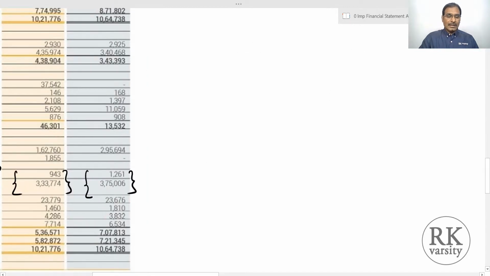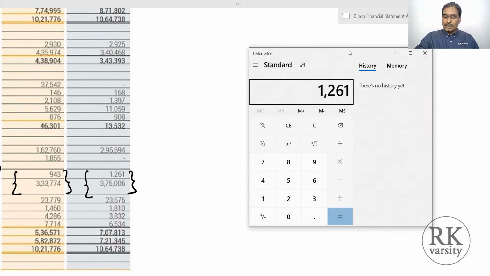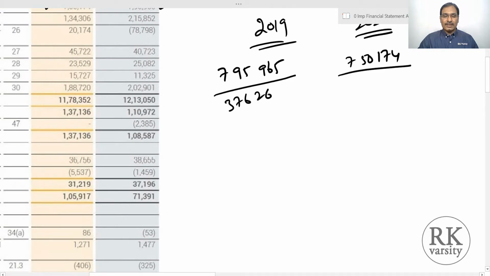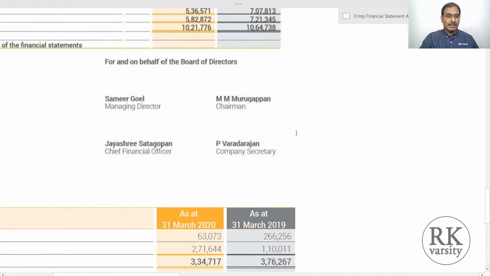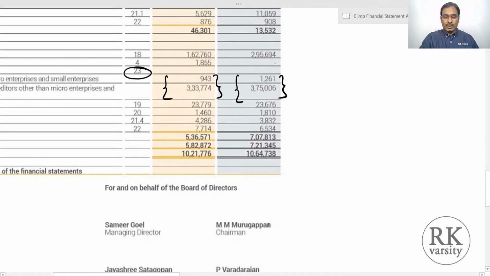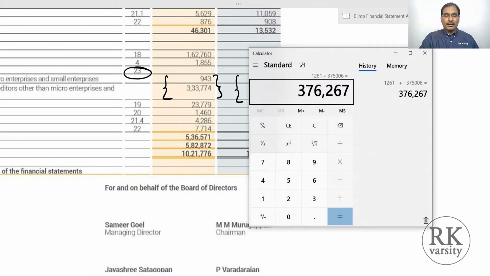So we'll add these two and directly take the values: 1261 plus 375,006, so 376,267. This is for 2019, and for 2020 this is 943 plus 333,774, so 334,717.